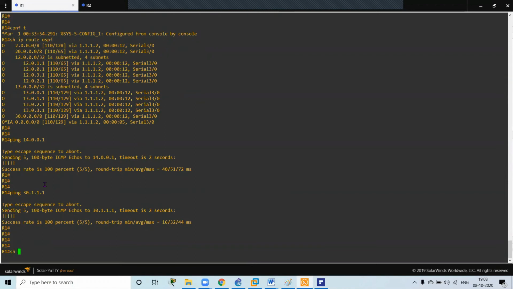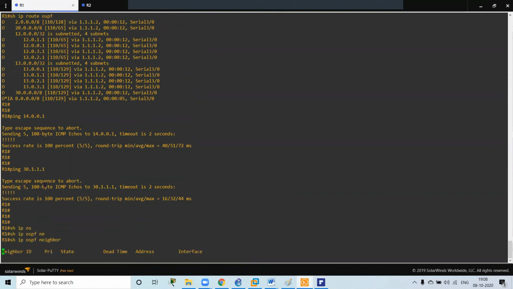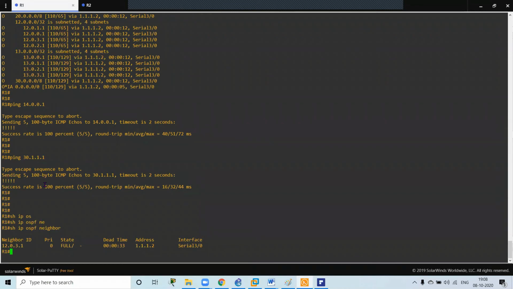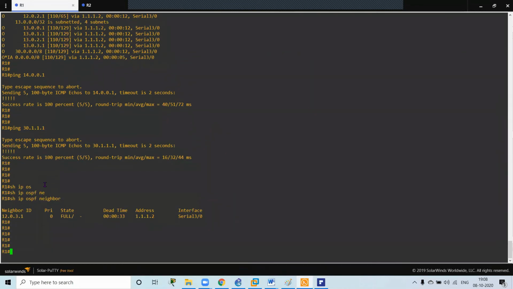If I see show ip ospf neighbor, I can see 12.0.3.1 is my neighbor. Now I'll configure R1 and R2 to exchange the routes only after successful authentication.